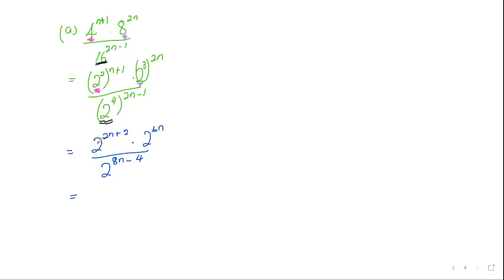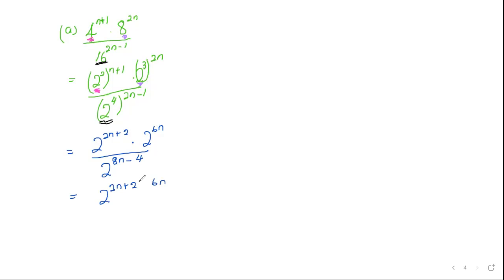Now, if you multiply powers that have the same base, we add the exponents. We write 1 power there: 2n plus 2 and 6n here.